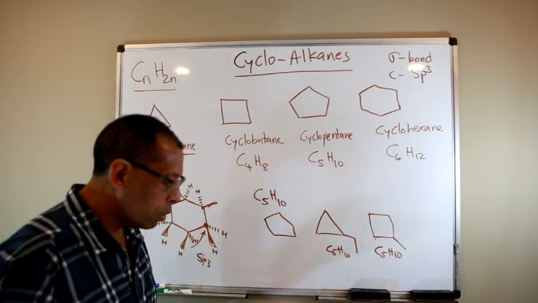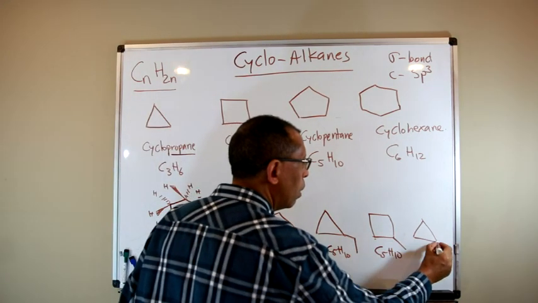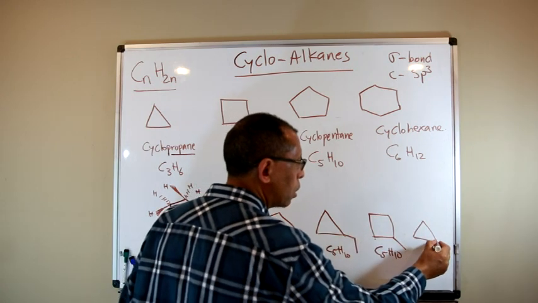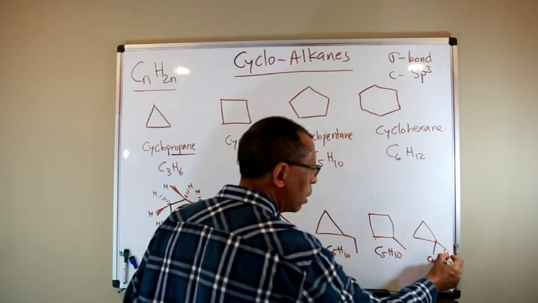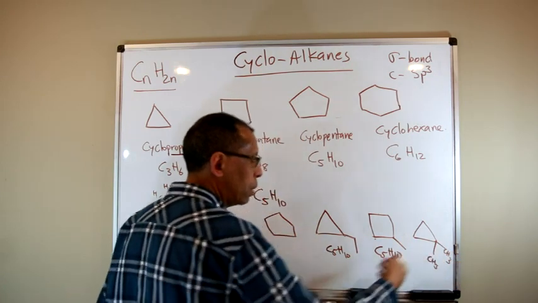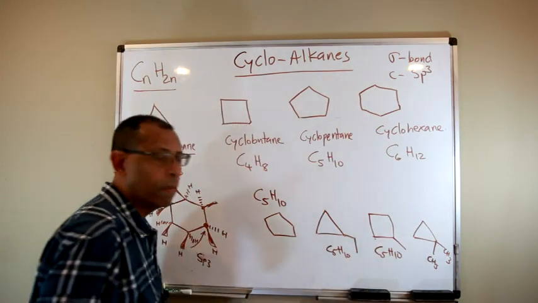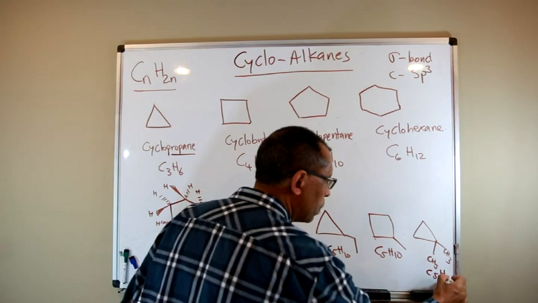And I can also have a cyclopropane with CH3 and CH3, 2 carbons plus 3 is 5 carbon. This is still C5H10.